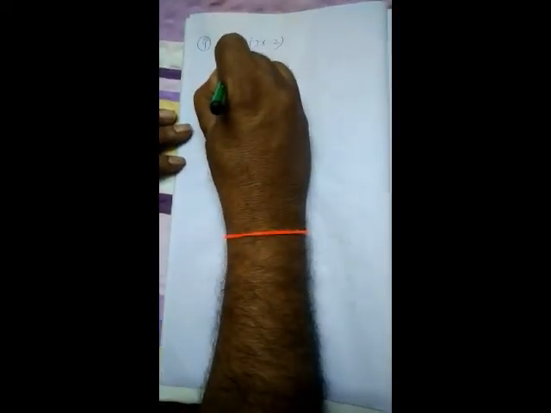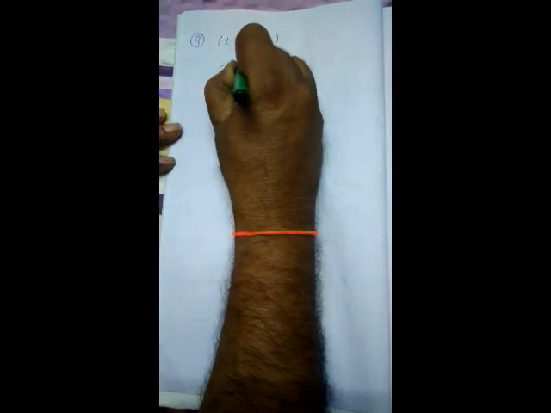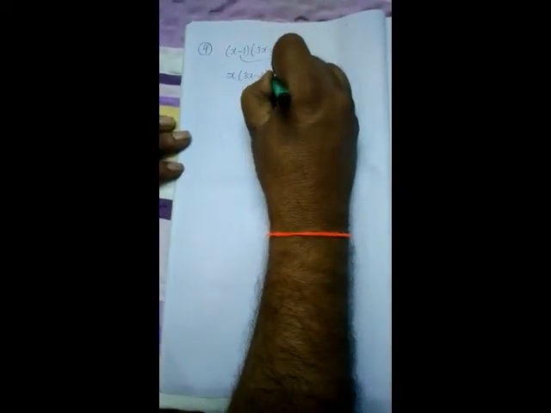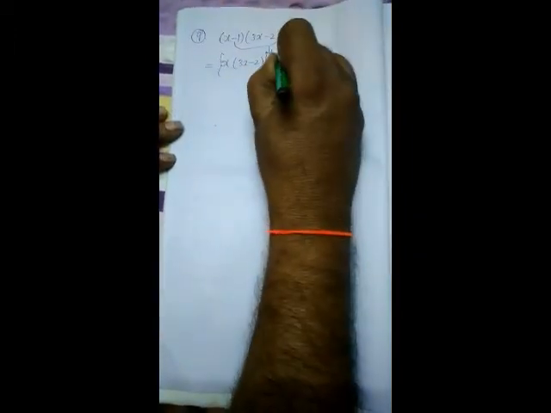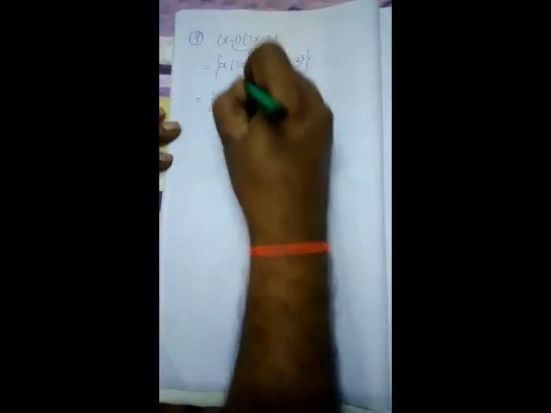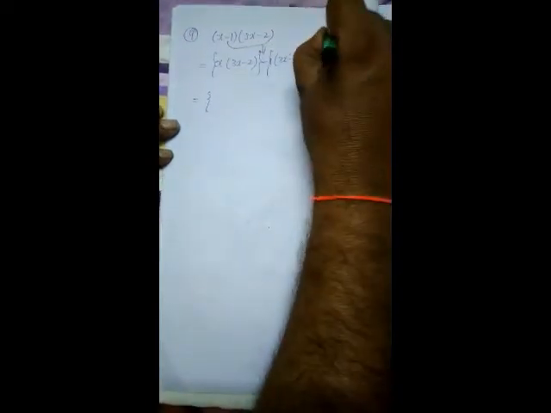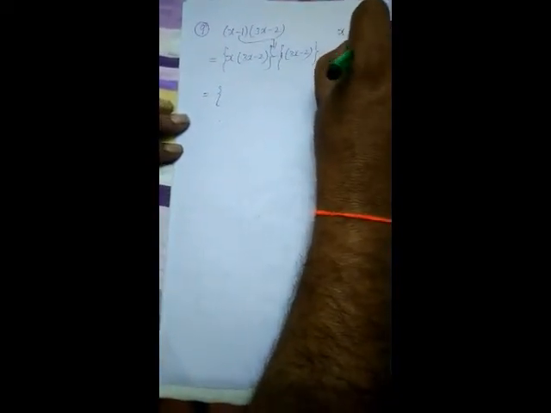Okay children, this is the 9th question. x minus 1 into 3x minus 2. x of 3x minus 2 minus 1 of 3x minus 2, keep curly brackets, is equal to x into 3x, nothing but 3 into x, 3x square.